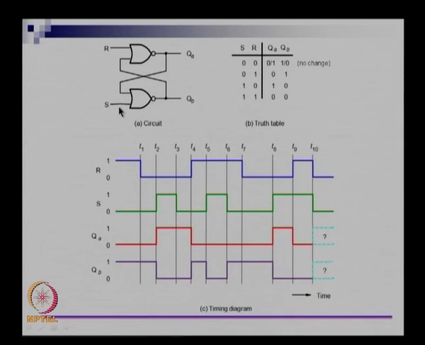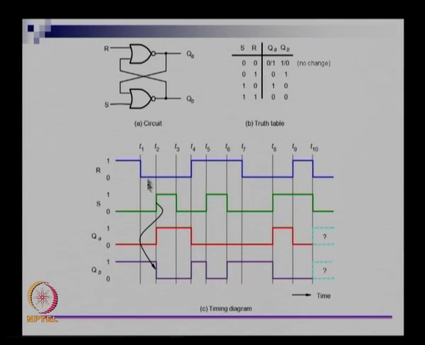Then 0 OR 0 is 0, but a NOR will give you 1, so QB will be 1. Till T1 it is straightforward; these signals are all consistent with each other. You do not have to assume anything; just making R equal to 1 and S equal to 0 implies what QA and QB are. Let us assume now that at T1, R actually goes down to 0.